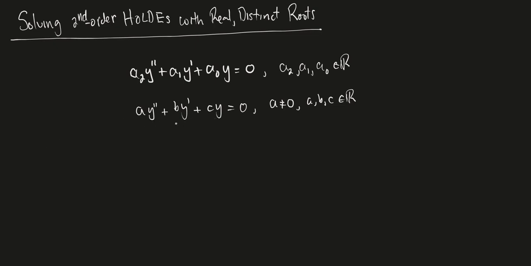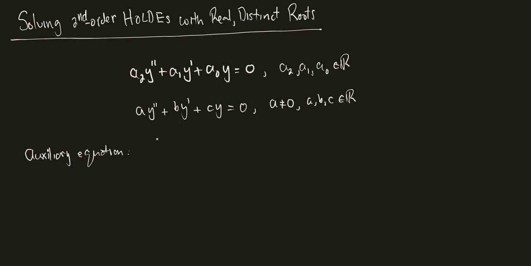Now, remember, as far as solving this, the first step is always to write down the corresponding characteristic or auxiliary equation. So the auxiliary equation is of this form, and it's simply the quadratic that has the same coefficients as the homogeneous equation. So in other words, the coefficients would be a, b, c, but we don't write derivatives anymore. We write powers of some other variable.